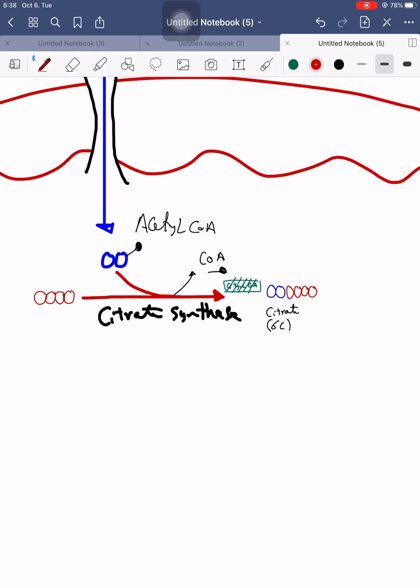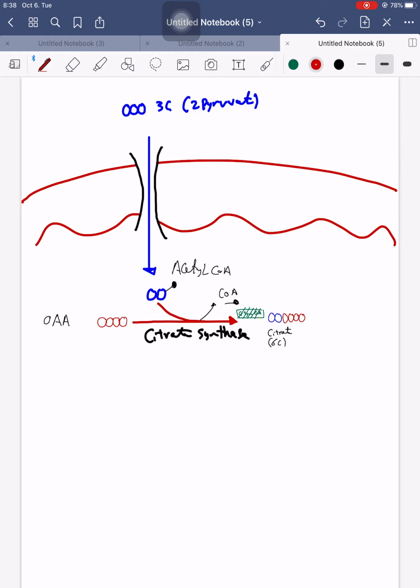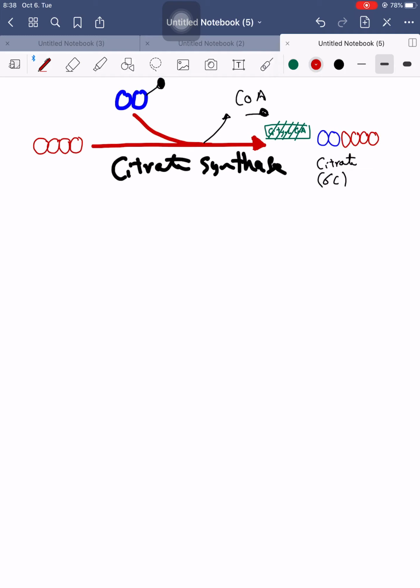Once the reaction is irreversible, it means it is a highly regulated reaction. How is this reaction regulated? Simply, what factors can activate citrate synthase and what factors inhibit it? Logic says these reactions are meant to produce energy. So my target is producing energy. If you have enough energy molecules, should you make more? Of course not.